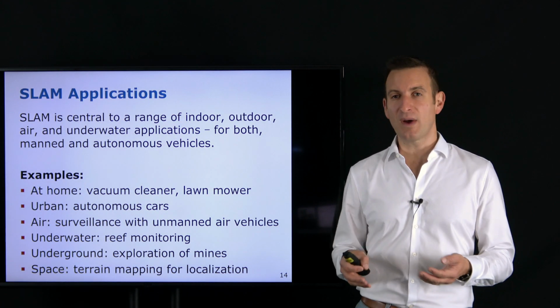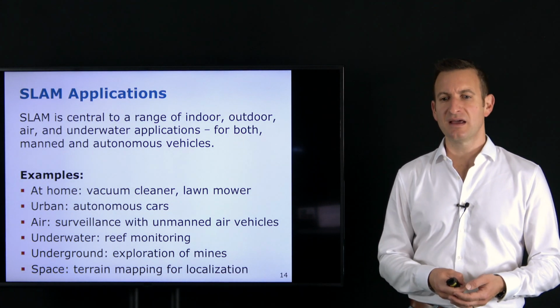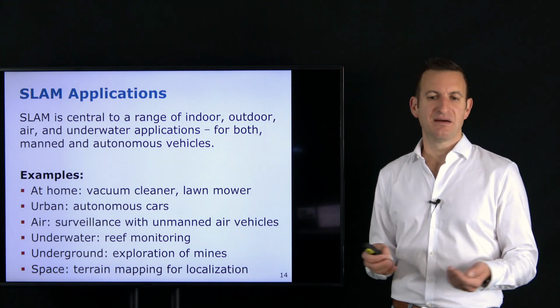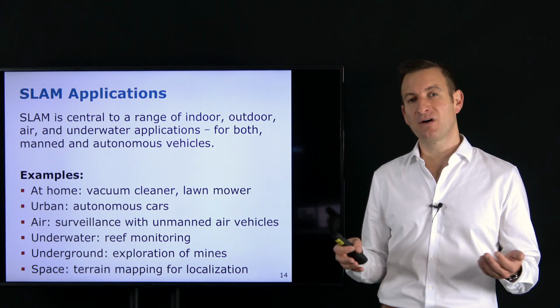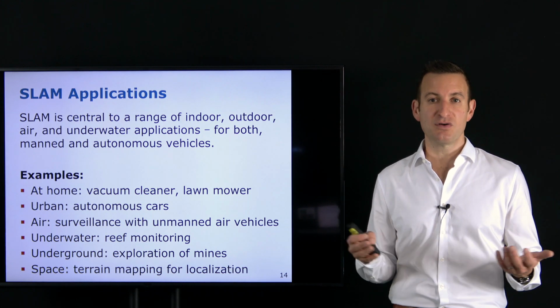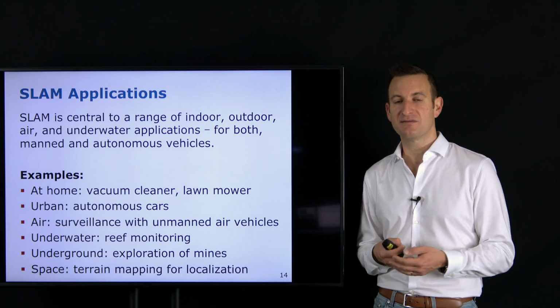So if you're at home, if you do vacuum cleaning, again, you can do this as a random walk, but if you want to have a more systematic cleaning or later on show a map where the system has cleaned, then you need a map of the environment. If you perform lawn mowing and you want to have a systematic pattern for how your lawn is mowed, which is typically the case, you will need to have a map or at least a good pose estimate of the environment.